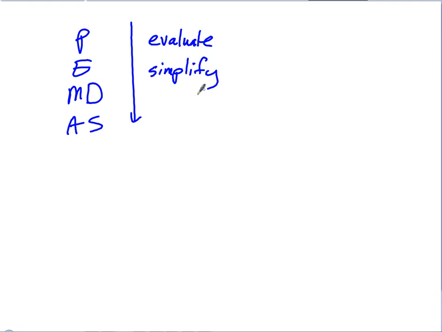That's order of operations direction for those things. What if we want to do something like this though? What if I want to solve the equation? How can I use order of operations there? Any ideas? What do you think?